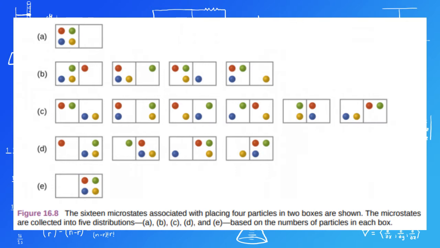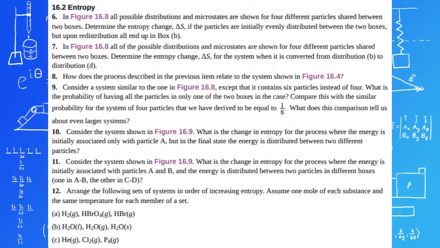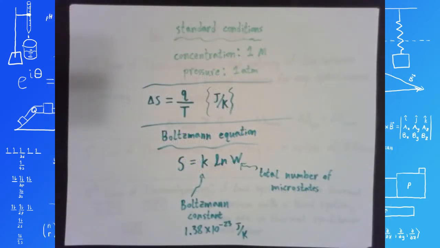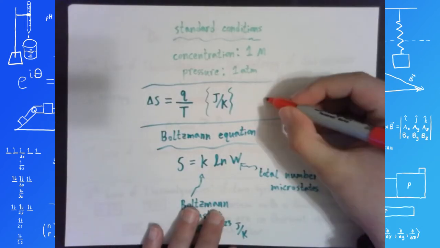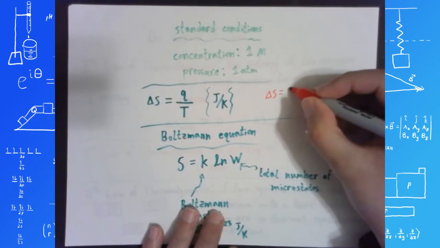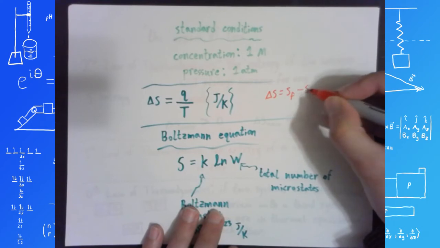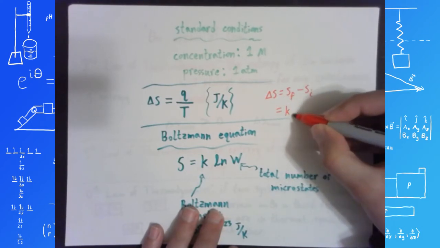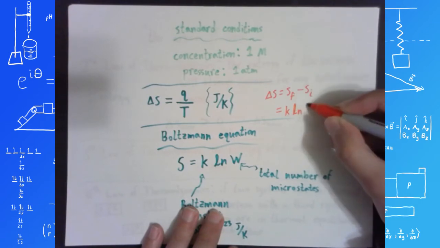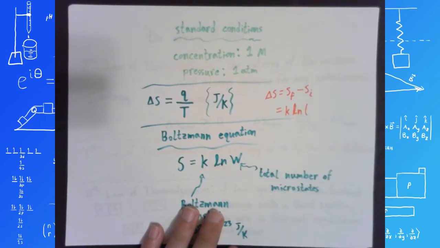Yeah, there's 6 configurations in set C and 4 configurations in set B. So let me switch back to the document camera actually. So yeah, delta S is S final minus S initial equals K natural log of, what was it again?